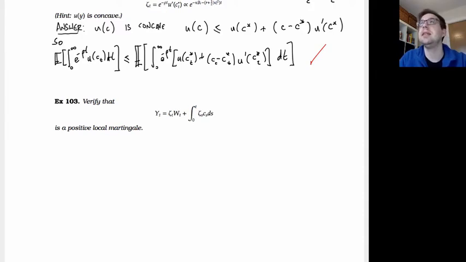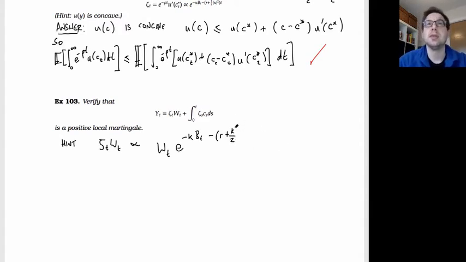But the main hint for this question is that if we look at zeta t w t, then it's essentially proportional to a function that looks like this: w t e to the minus kappa b of t minus r plus kappa, and I think I should have a squared in here, t.